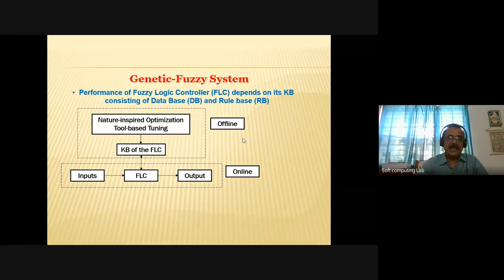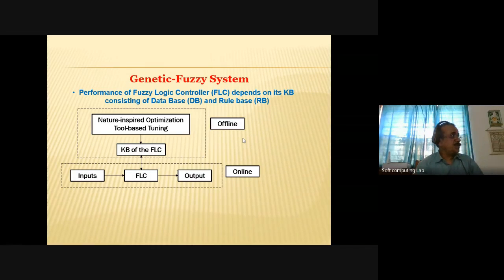Now, inside that particular coding of the genetic algorithm string, all the properties related to the database and rule base will be encoded, and the GA through a large number of iterations will try to identify that particular database and rule base which corresponds to a very good accuracy in input-output relationship.